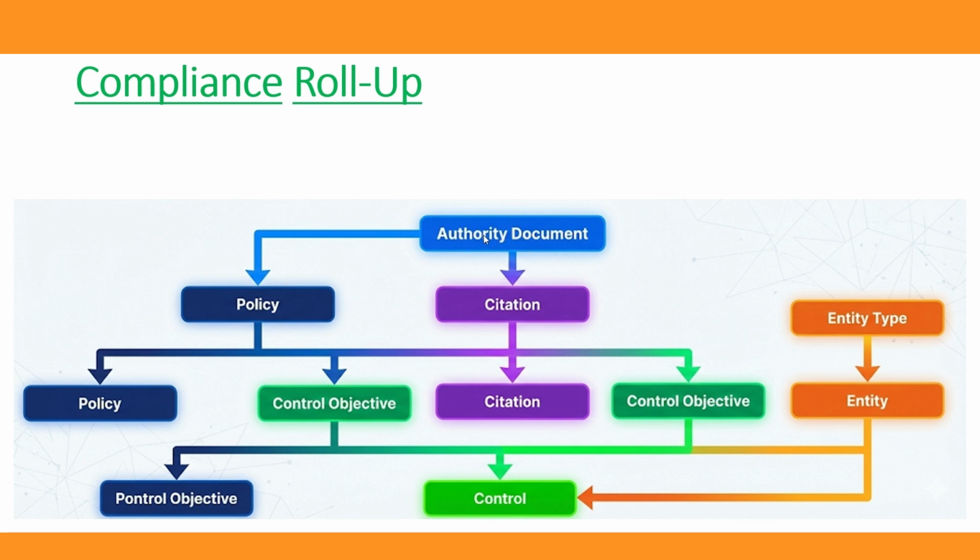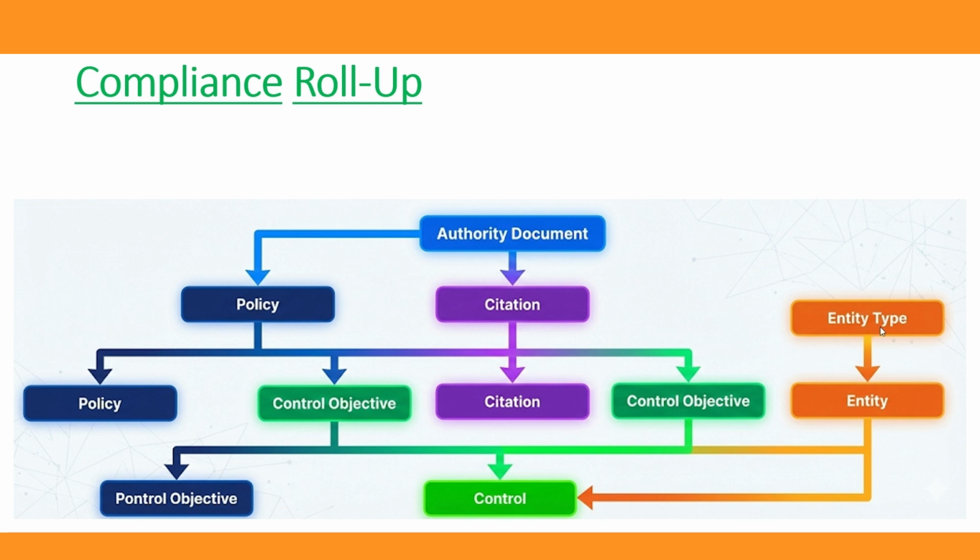As you know, an authority document consists of different sentences, and those sentences are nothing but different citations. The citation, you will be able to find at the control objective level. So the control objective will have a citation, a policy, and of course the scoping of the entities, with the help of the entity type, will give me the entity.